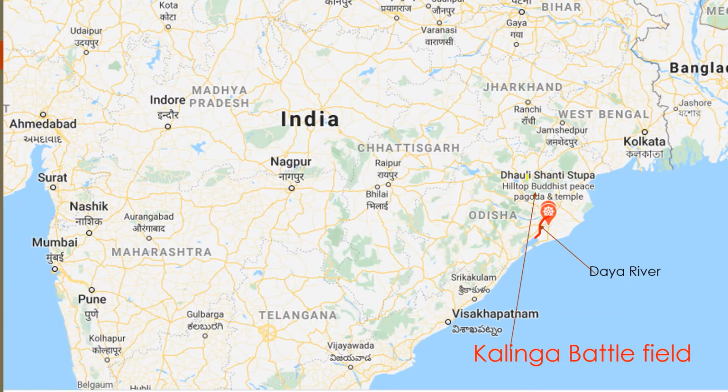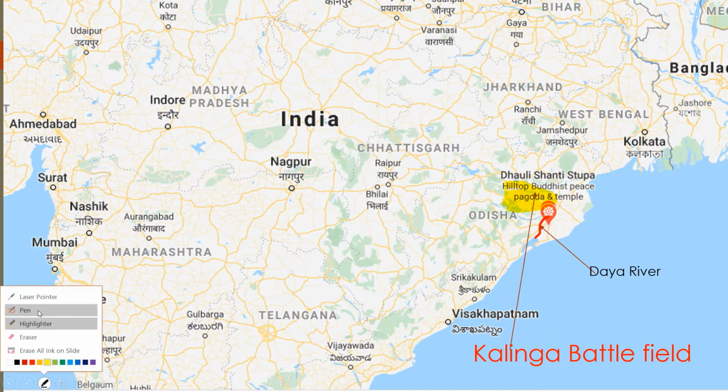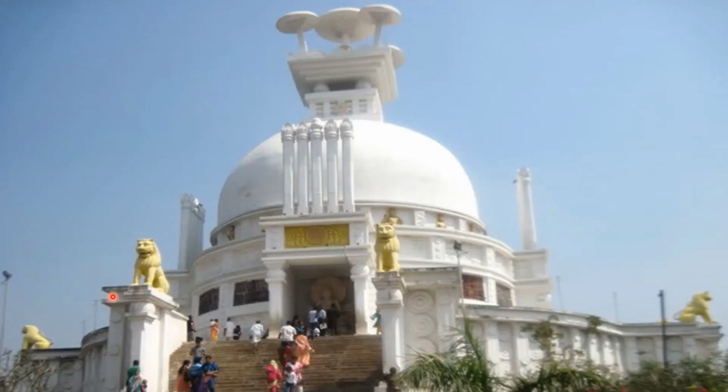Just highlight this part. This is the Dhauli hill, and as you can see, this is the Daya river. This image shown over here is the Shanti Stupa built by Ashoka, which is also known as the Peace Pagoda.